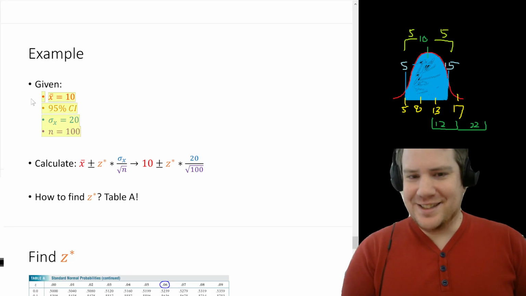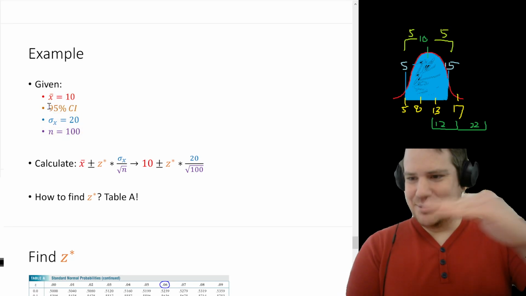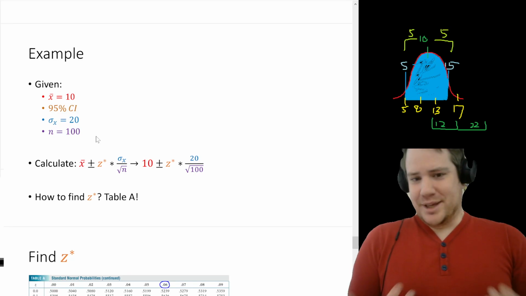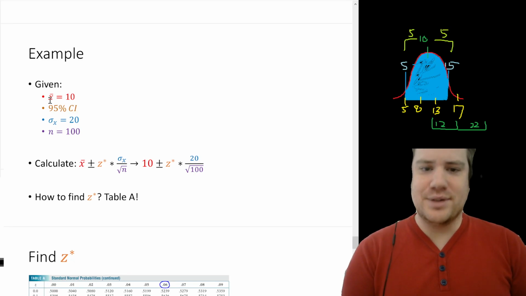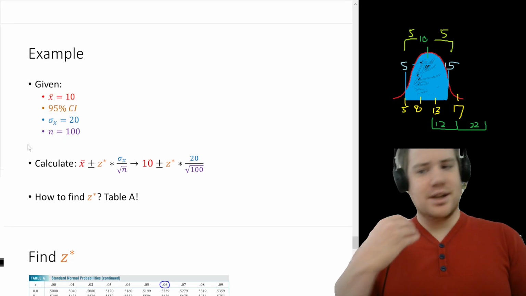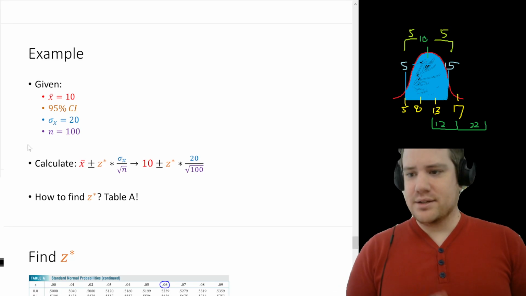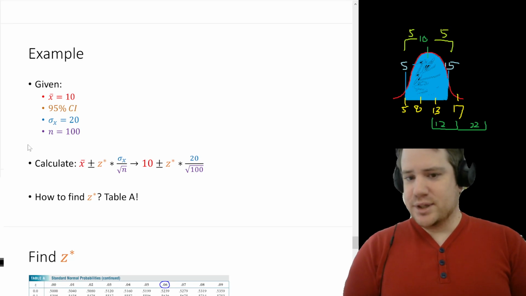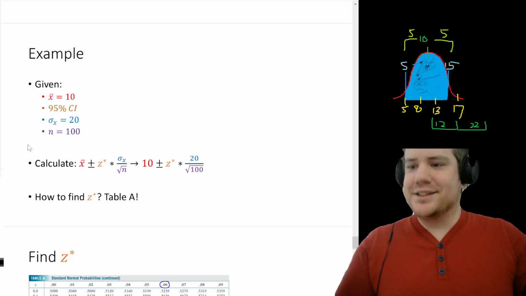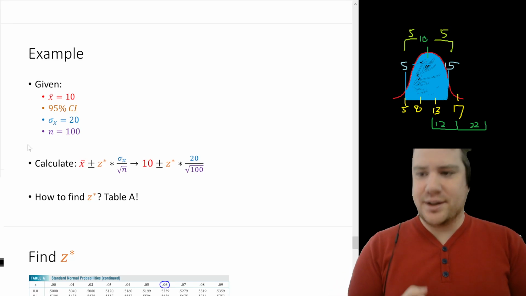They might not list it as bullet points; they might make a story out of it, but the idea is the same. Without being provided a sample mean, the population standard deviation, and the sample size, we could not fill it in, and there's no way to just estimate it. So all this information will be provided to you directly.